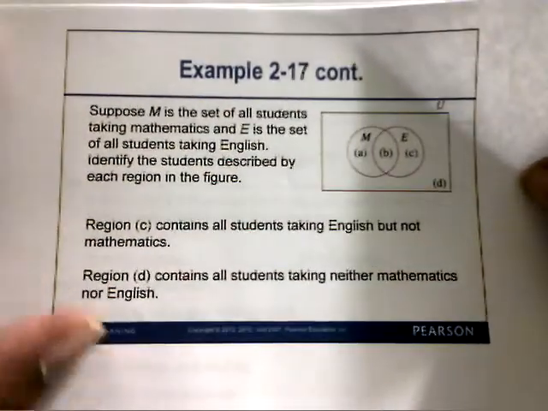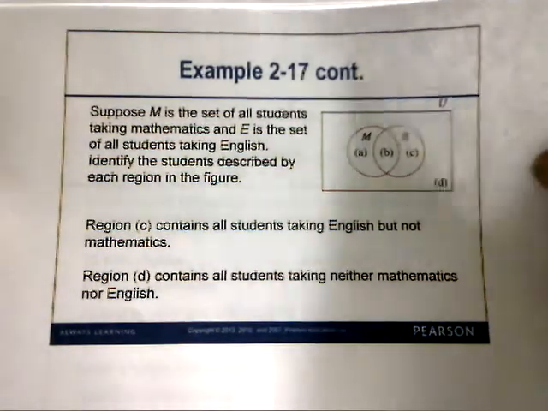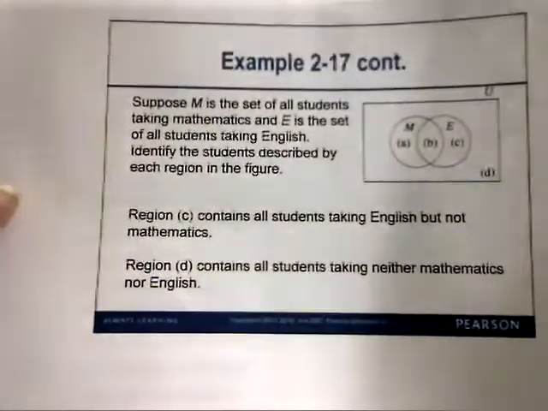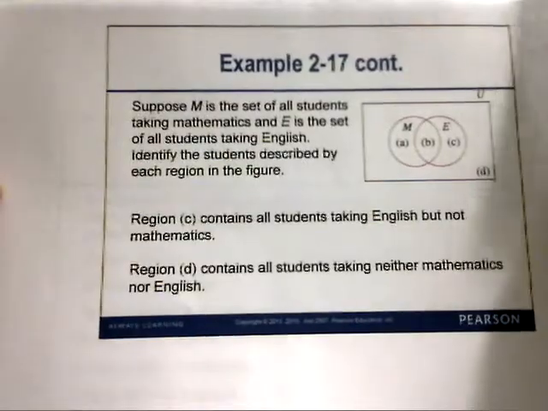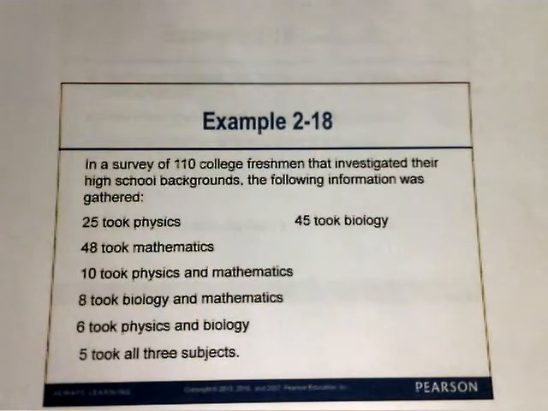In fact, one of your problems in your homework and on the writing assignment will be dealing with Venn diagrams and how to come up with the correct numbers in that Venn diagram. Take a look at the situation here. In a survey of 110 college freshmen that investigated their high school backgrounds, the following information was gathered. 25 took physics, 48 took mathematics, 10 took physics and mathematics, 8 took biology and mathematics, 8 took physics and biology, 8 took all three subjects, 45 took biology.